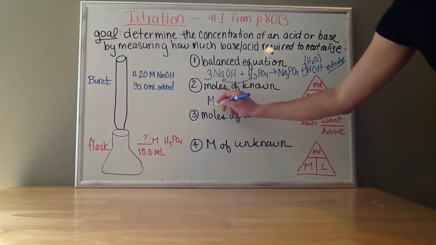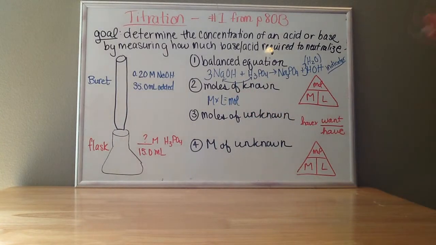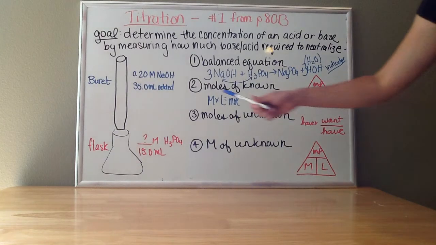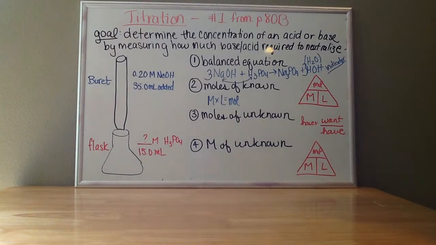So there will be one substance, I should say, which you will know the molarity and the volume of. And it looks like in this case, the thing that we know the molarity and the volume of is my base. So that is my known, because I know the concentration of the base.